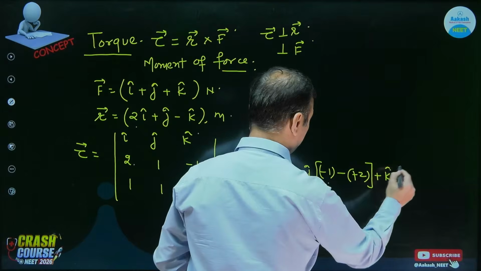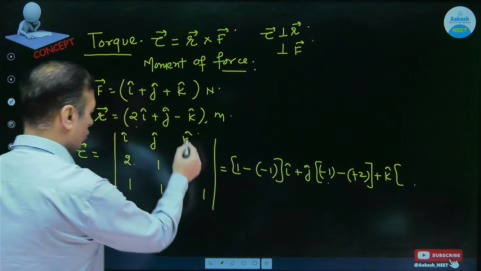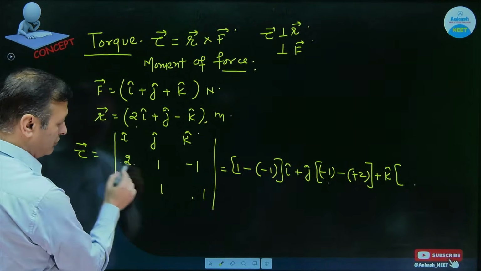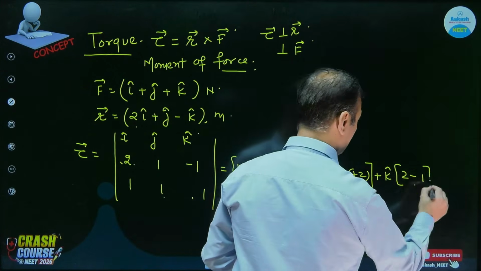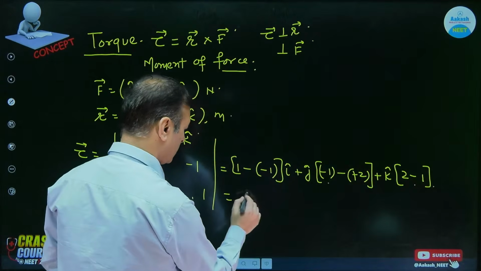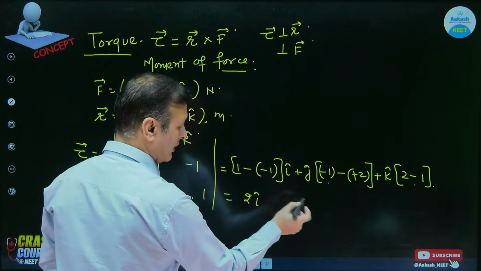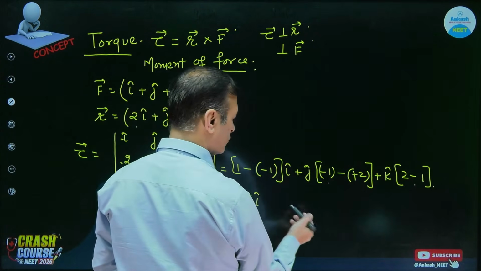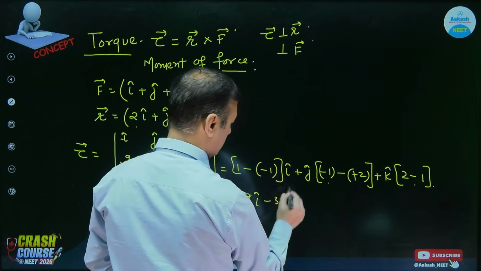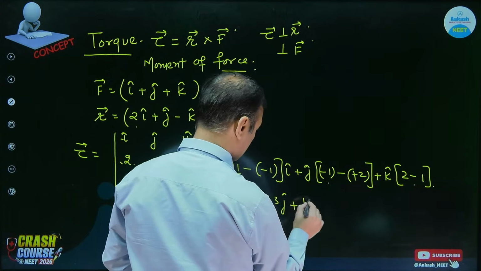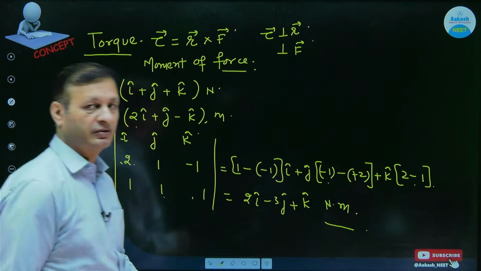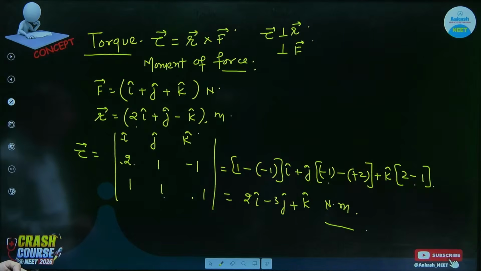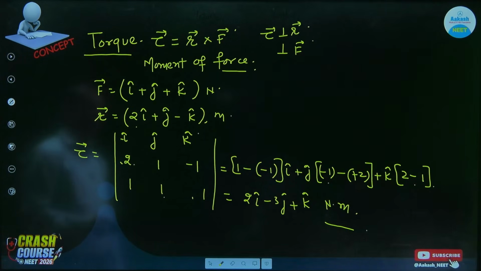And for the k part, you drop this and this, so this is 2 minus 1. So that gives 1 plus 1 as 2 i cap, minus 1 minus 2 gives you minus 3 j cap, and k cap is 1, in Newton meter. Got it? So this is all about your torque part.